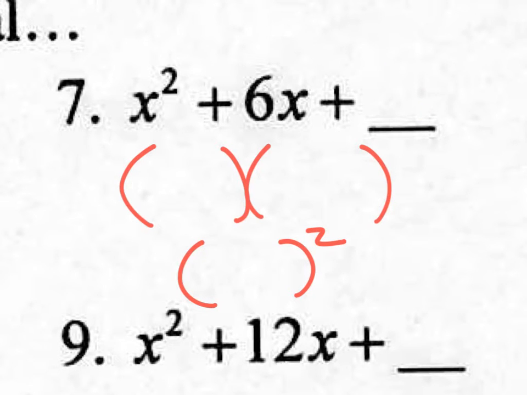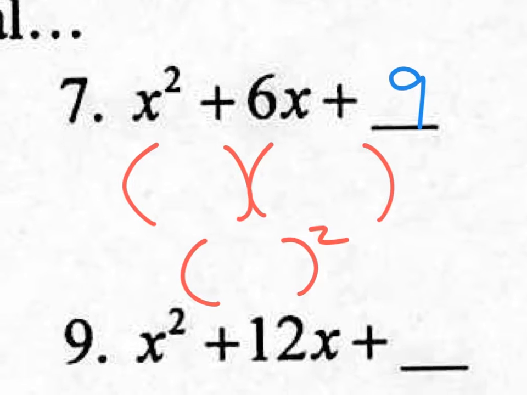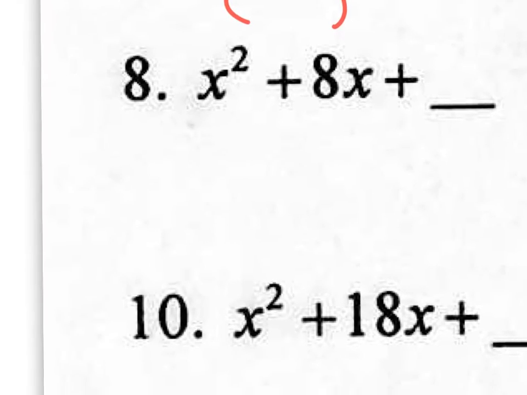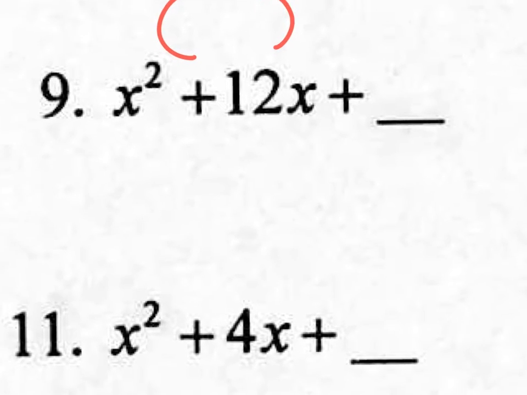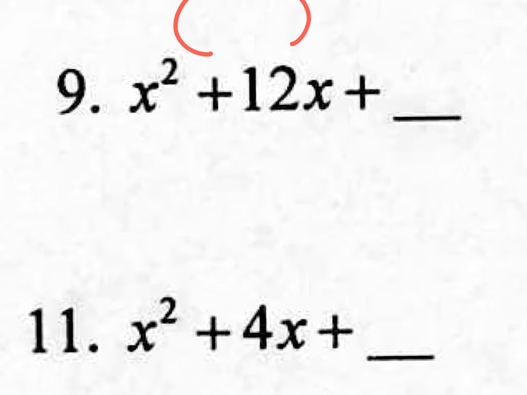Excellent. How about here? 16, good. How about number 9? 36. How the heck are you guys getting these perfect c values?